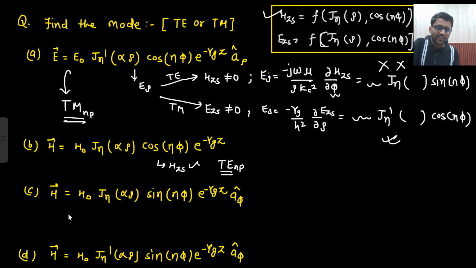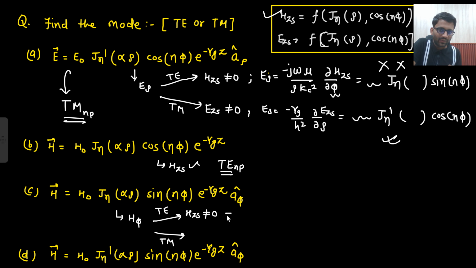In the next one, what is given? H phi is given. You can directly see what is mentioned: H phi is mentioned, because here you can see it is E phi. So again, there are two possible answers. Either it could be TE or TM. If I say it is transverse electric, then Hz will be non-zero.